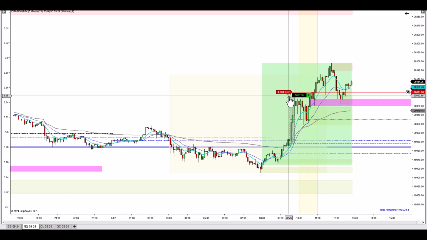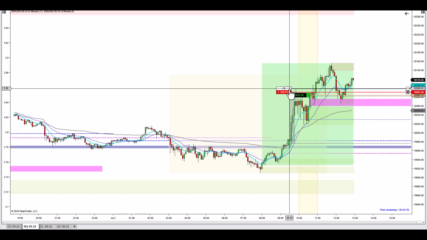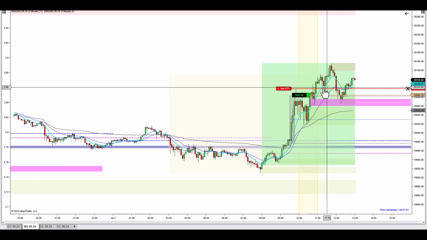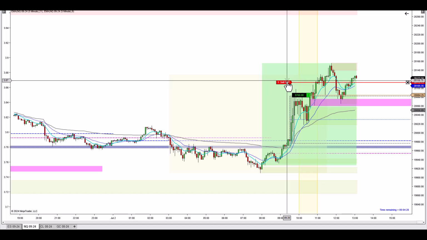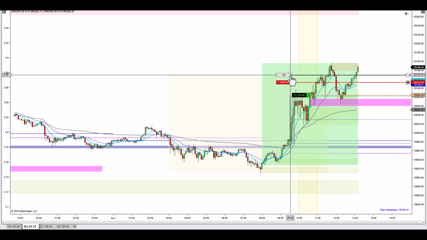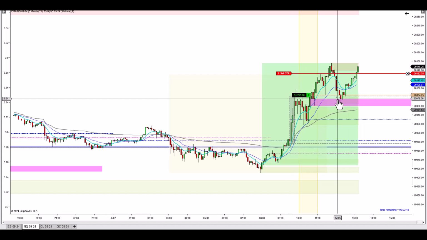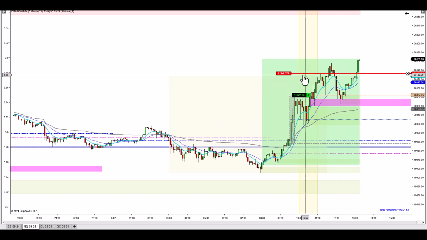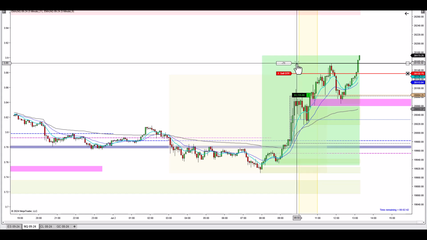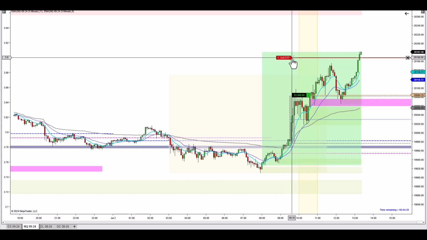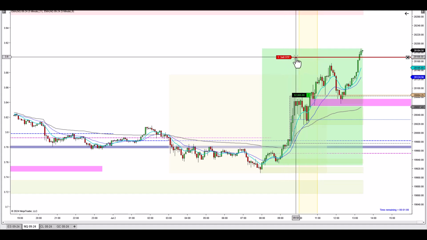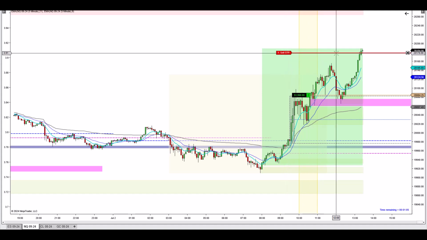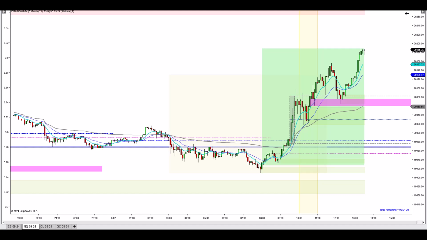See, with the runner only, I could still make another $700 to $800. Look what happened after price came to the FVG and then showed some momentum and moved. I am going to close that trade because we made too much already.